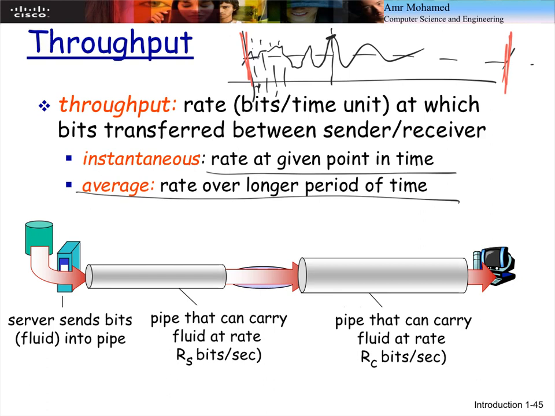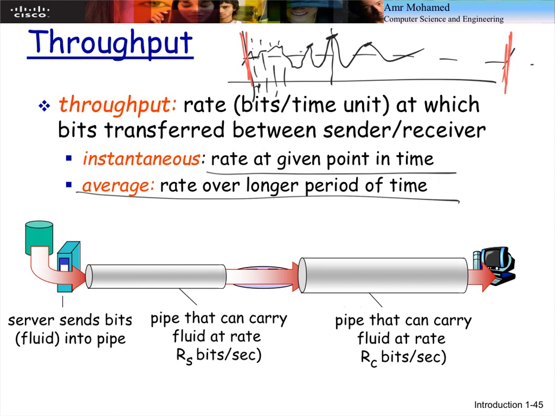So this is the maximum throughput, or this is a peak, and this is a peak. So these are peaks, in which case you have up and down. But the average is here. So you have different parameters to describe the throughput with respect to time.